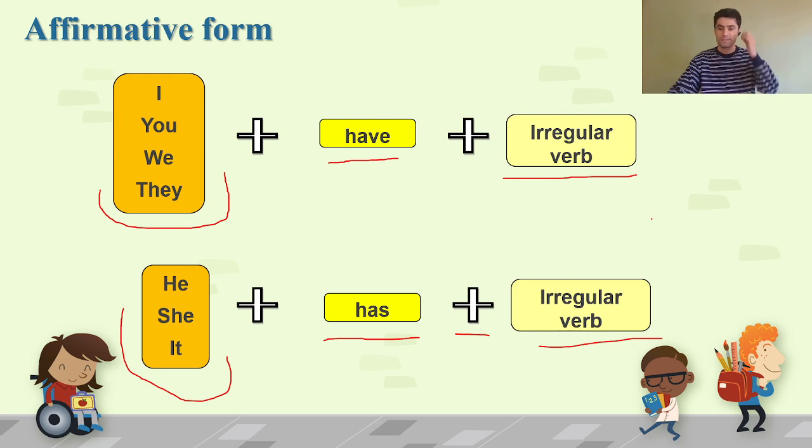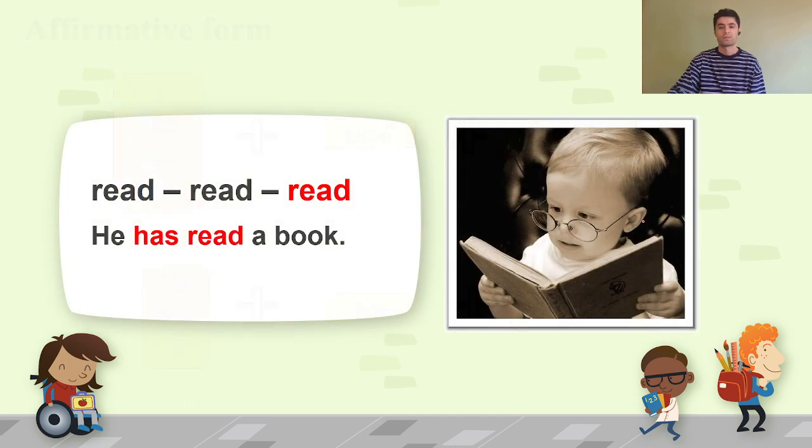Now, let's see how we make a sentence according to this formula. This is the example. Read is the irregular verb. And normally irregular verbs have three forms.